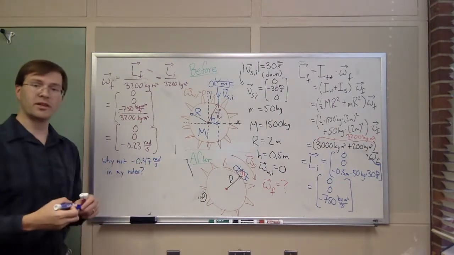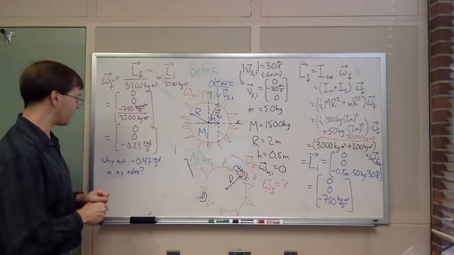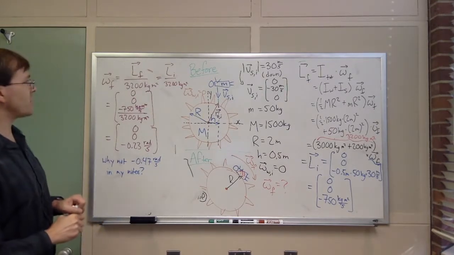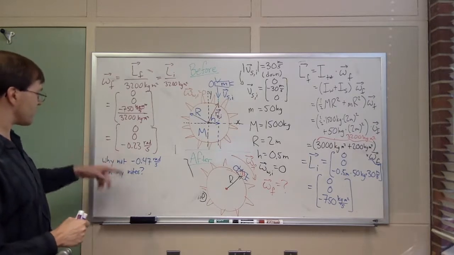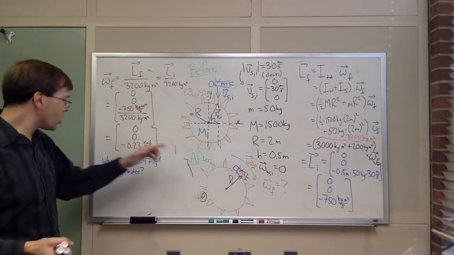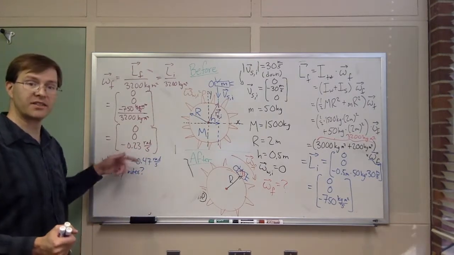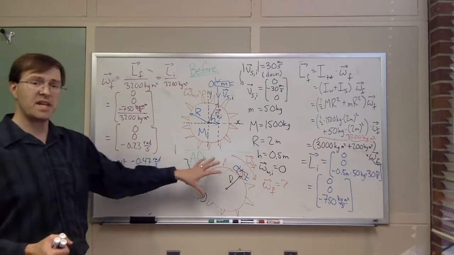This is what happens when I go a little bit off script and do things a slightly different way than I've written down. These are always the double check. Both of these look generally reasonable. It's going to be a slow rotation. Half a radian per second is not very fast, a quarter of a radian per second is even slower, but it is a very big, heavy wheel.